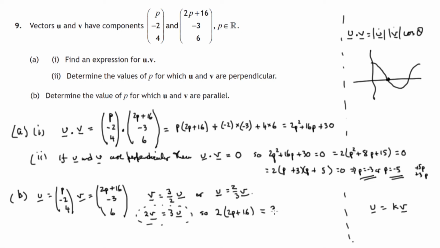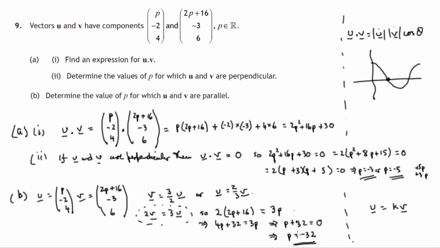So that would be 3 times p. And we've got an equation to solve. Let's get rid of the brackets. That's 4p plus 32 equals 3p. Let's take away 3p from both sides. And then let's subtract 32 from both sides. So there we have the value of p for these two vectors, u and v, to be parallel.